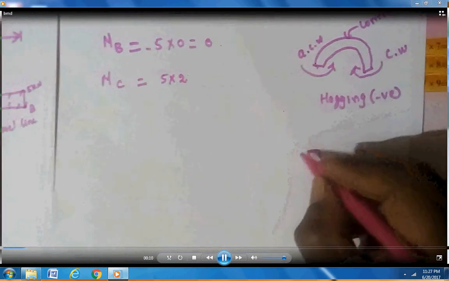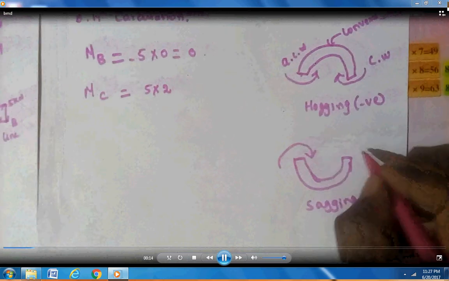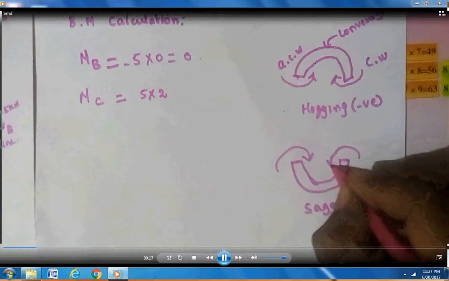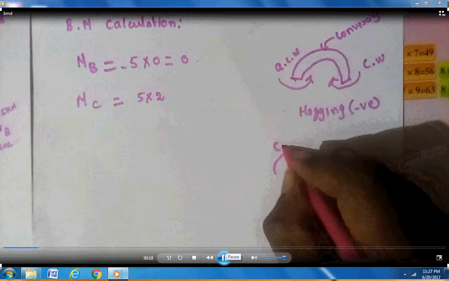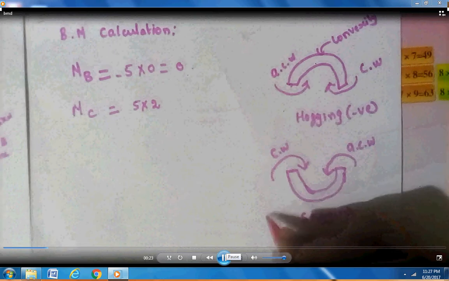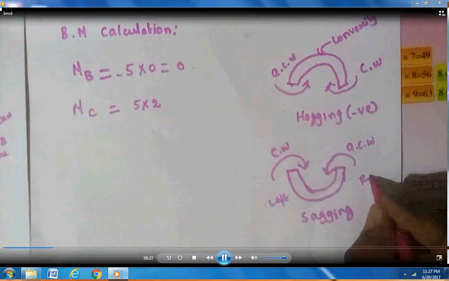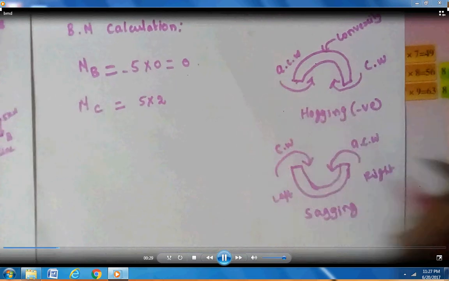Here, to make the beam straight, on the left side we need clockwise moment, on the right side we need anti-clockwise moment. So from left, anti-clockwise negative, clockwise positive. To the right, clockwise negative and anti-clockwise positive.